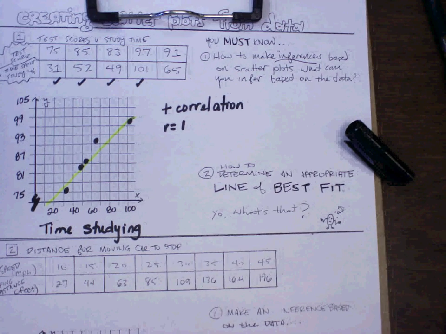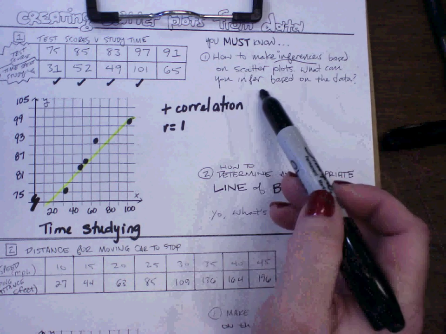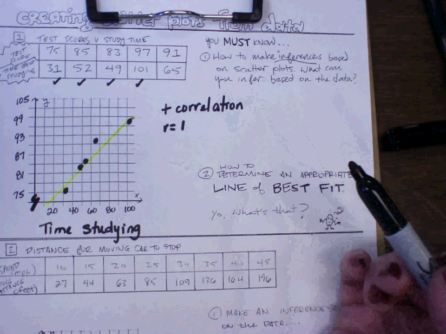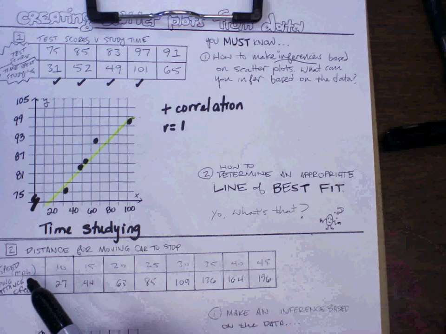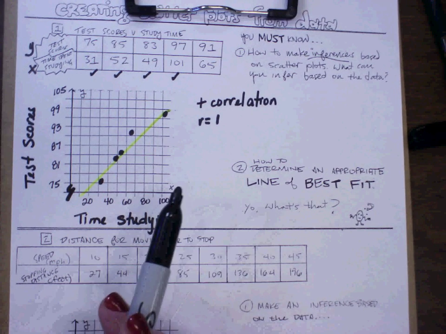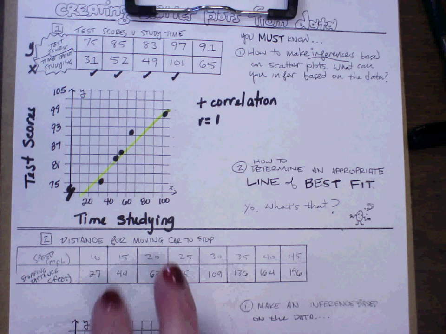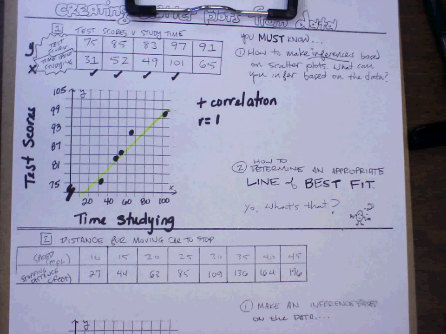All right. What else can I say? What other generalization can I make? What can I infer based on this data? What can I infer? I can't hear. Remember, I'm wearing this.